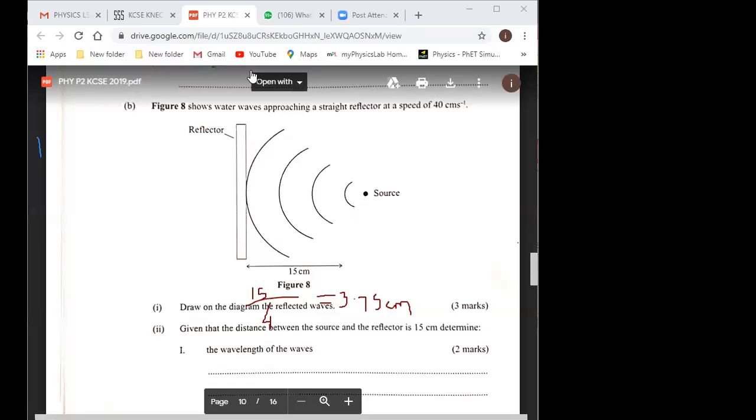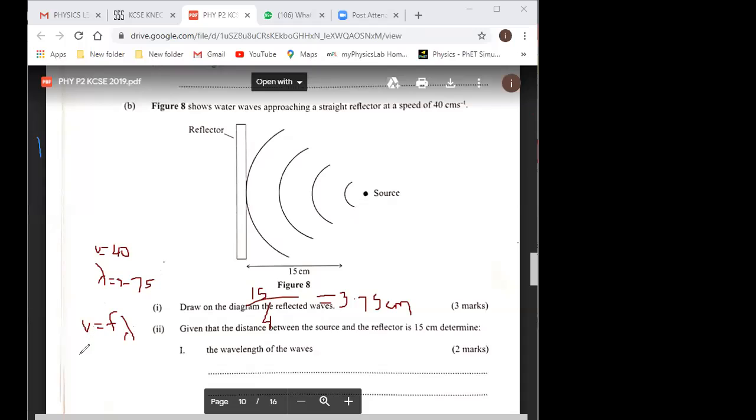So for now, we can see that the speed is 40. So velocity is 40. If velocity is 40, then you can see here that the wavelength is 3.75. So from the formula, V is equal to F lambda.